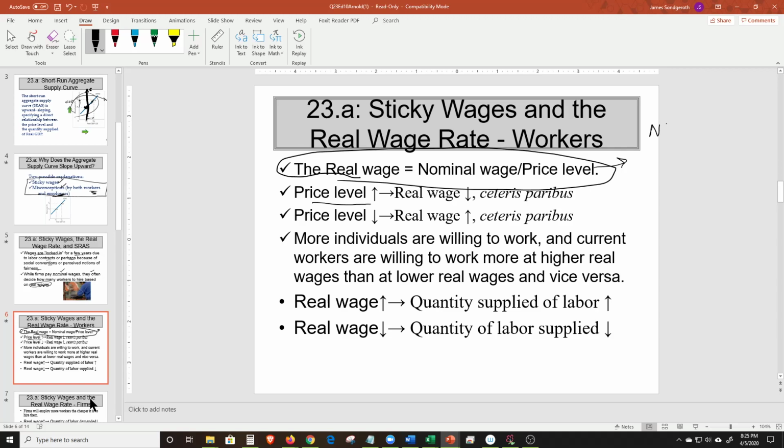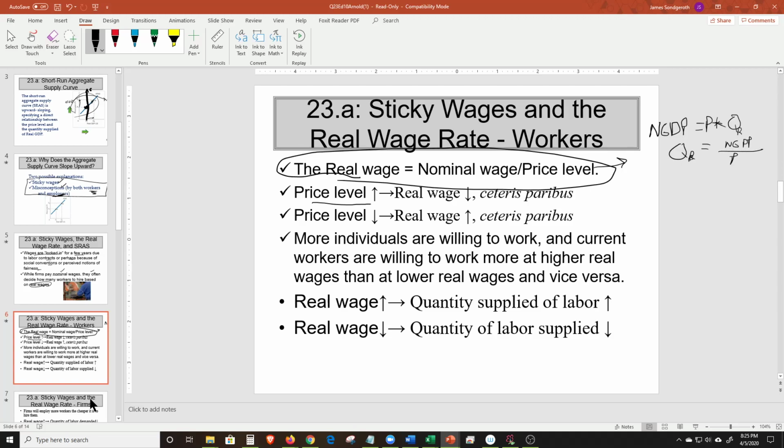So nominal GDP equals the price level times Q, which is the real GDP. And so if you wanted to do real GDP, which is Q, it would equal the nominal GDP divided by the price level.